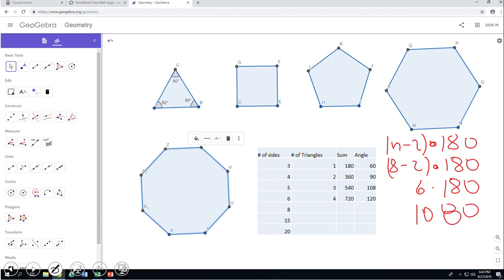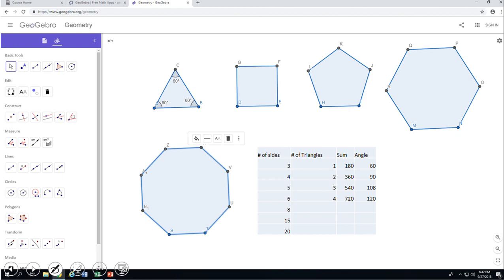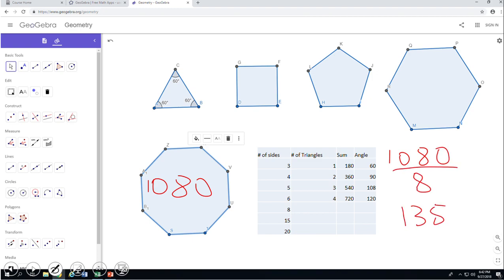The sum of the interior angles of an octagon is 1080. And now we have 8 angles like that, 8 congruent angles inside of that octagon. Divide that 1080 by 8, and we end up with 135.